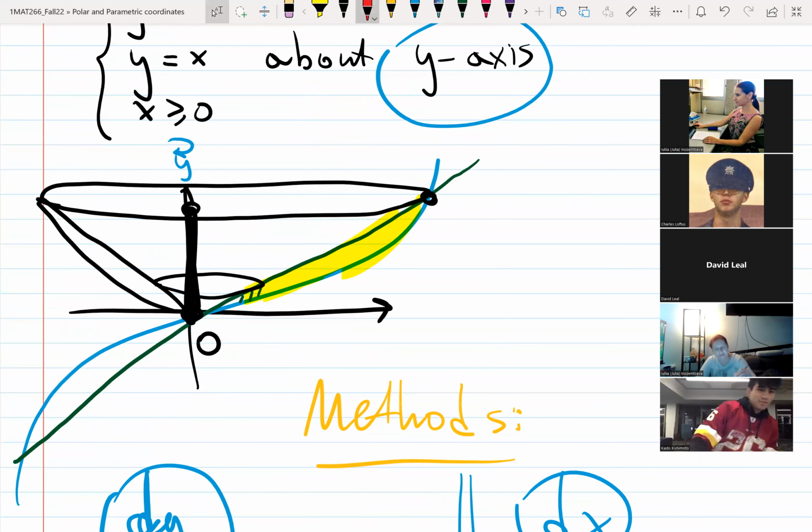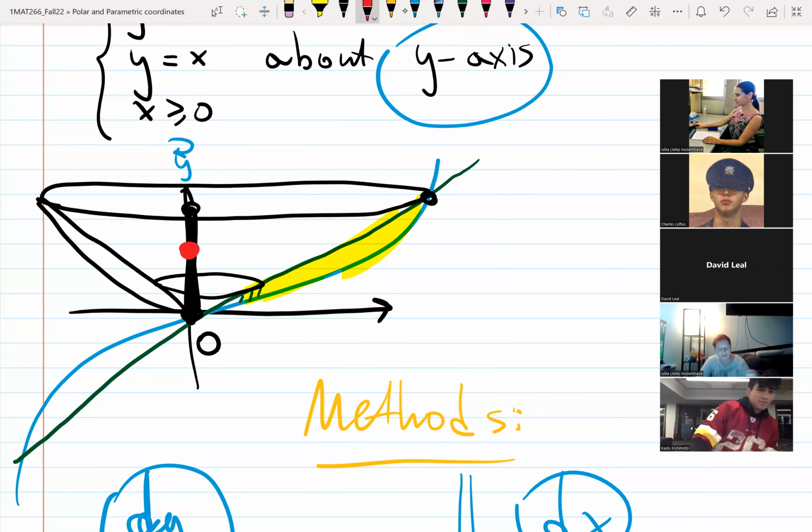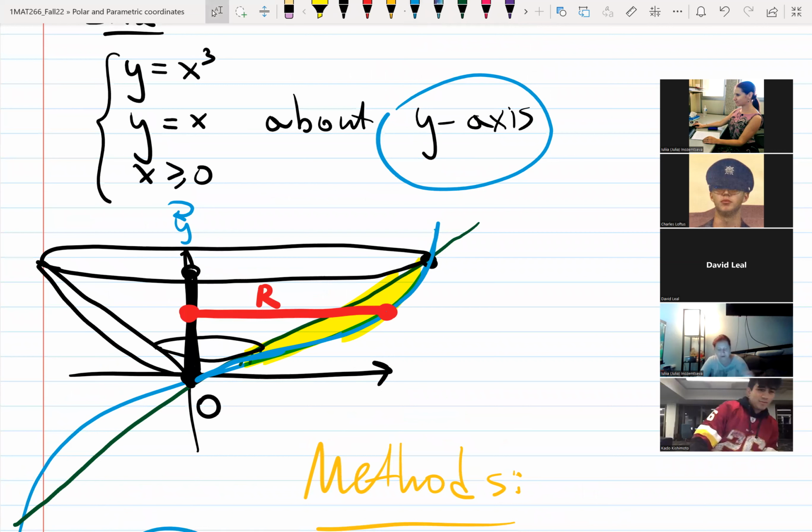Put the laser in the center and shoot it to the very edge to find the capital R. The capital R will be whatever is the function very, very on the right minus the function on the very, very left, which is the axis of rotation in this case. The function on the very, very right is not y equals x cubed anymore.